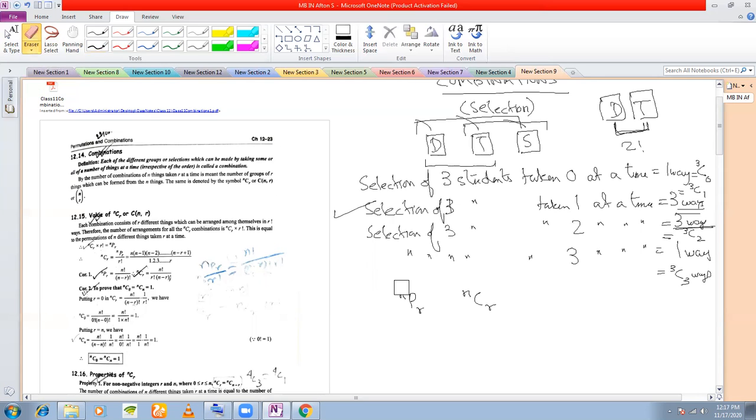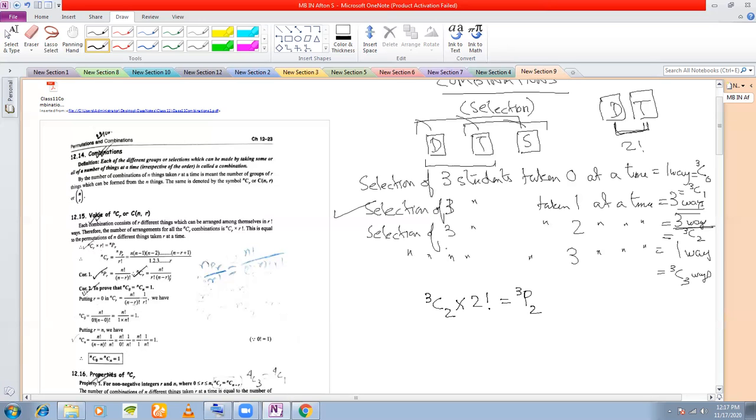So what happens is, after selection, that is three students I am selecting two at a time, in how many ways am I arranging them? In factorial 2 ways, right? This is denoted by 3P2. Clear? First, I am selecting two students.